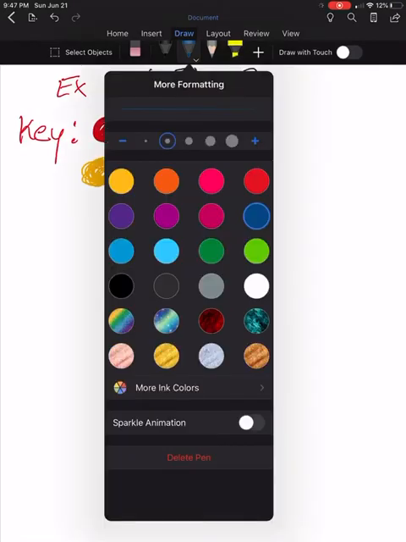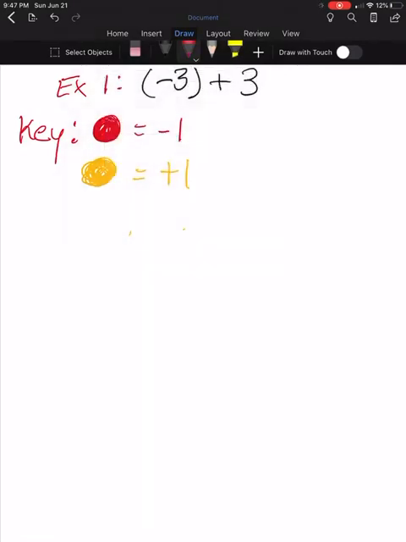So I'm colorblind, so I got to start with what? 3 negative red chips. So I'm going to draw my 3 negative red chips. All right, that's 1. That's 2. That's 3. So I got 3 negative red chips.